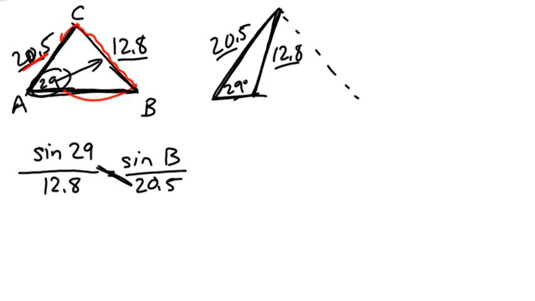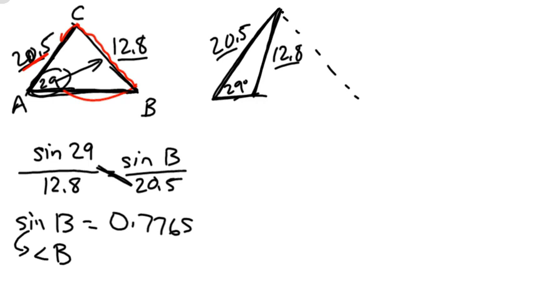Cross multiply, and we'll get sine of B to be equal to 0.7765. So inverse sine, angle B is 51 degrees.